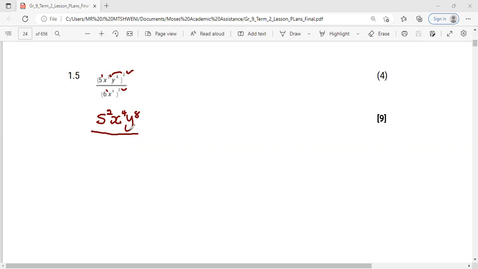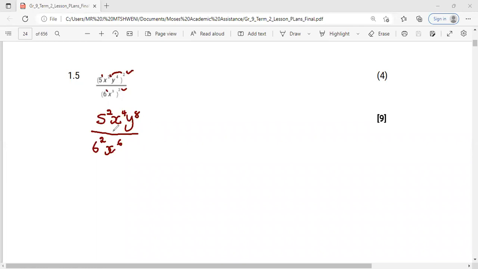Now you continue. 1 times 2, 1 comes to 6, you have 6 squared. 3 times 2, when it comes to x, you'll have 6.